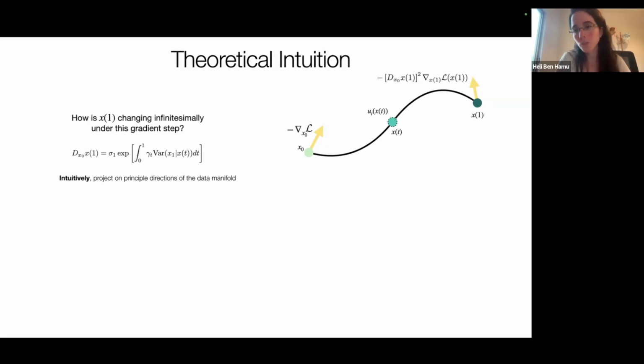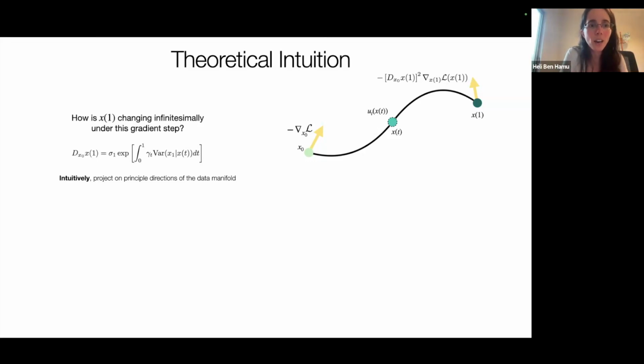First of all, the direction that x1 goes when taking a step of x0 is the direction of the gradient of the cost with respect to x1, multiplied by the squared Jacobian of x1 with respect to x0.